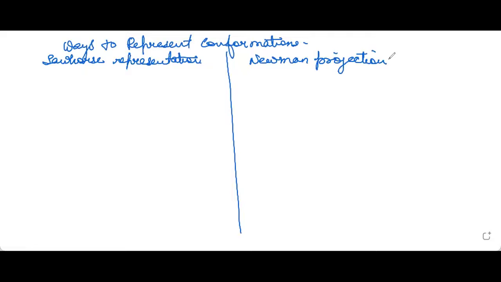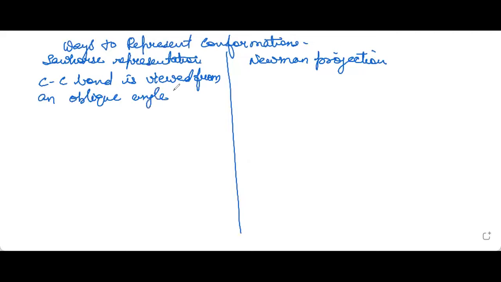In case of sawhorse representation, the carbon-carbon bond is viewed from an oblique angle, and the various bonds are represented by lines.